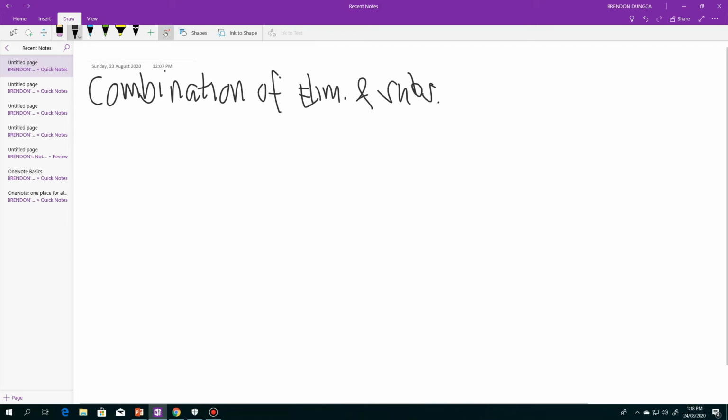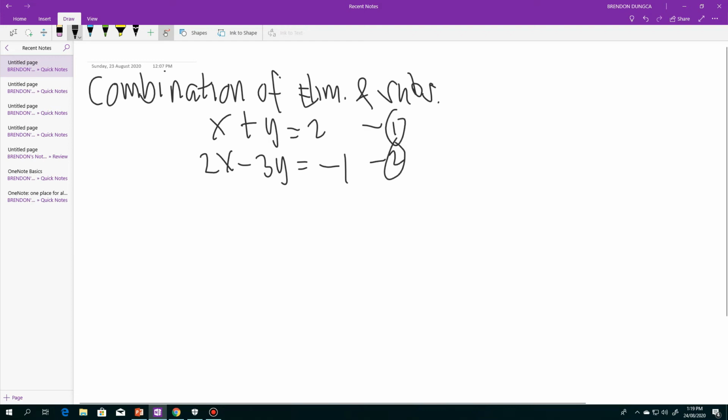So we can solve also by using the elimination and substitution. Okay, our example will be the same. We will use the same example all throughout. So this will be our first and this is our second equation.